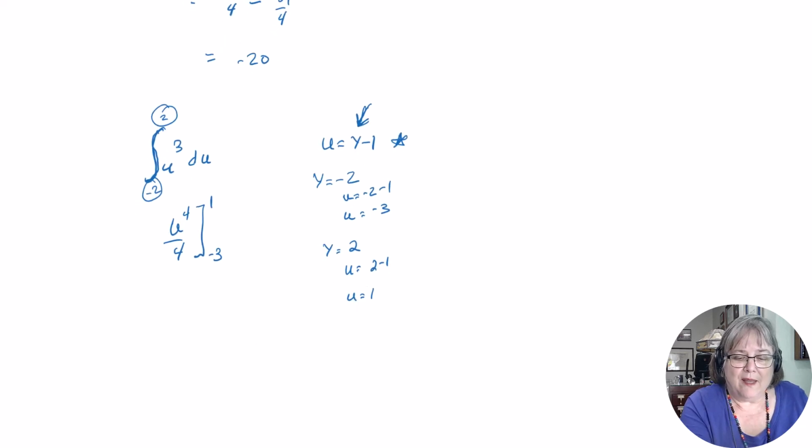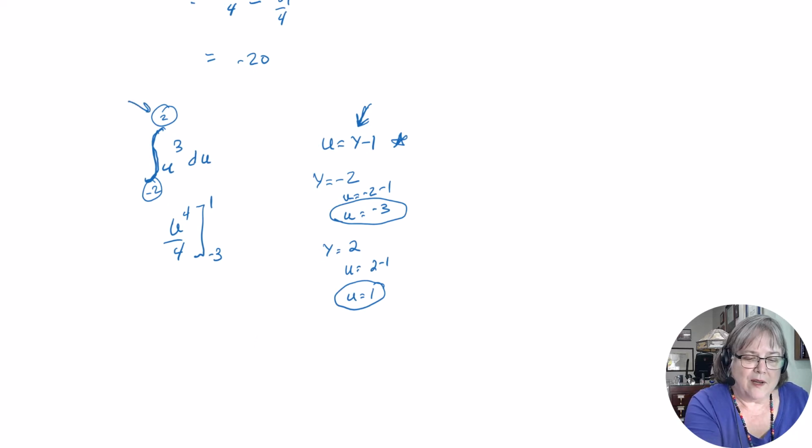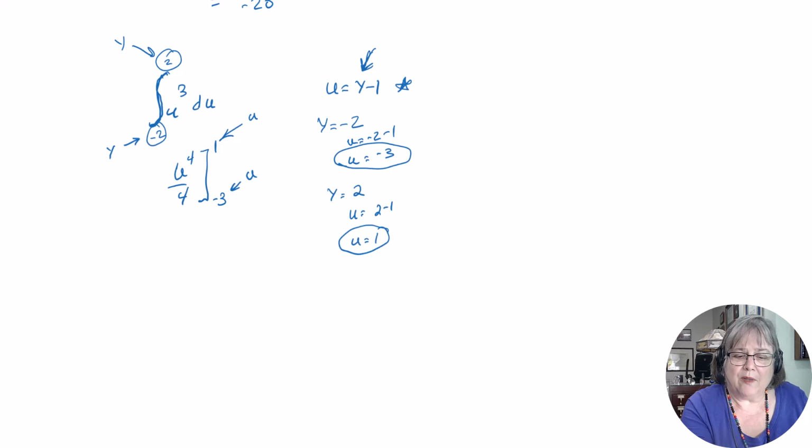And these values are u values. So now we've gone from these are y's to these are u's. And we can substitute a u value into u. So what we would do is to substitute 1 in there. And then we would subtract, and we would substitute a -3 in there.